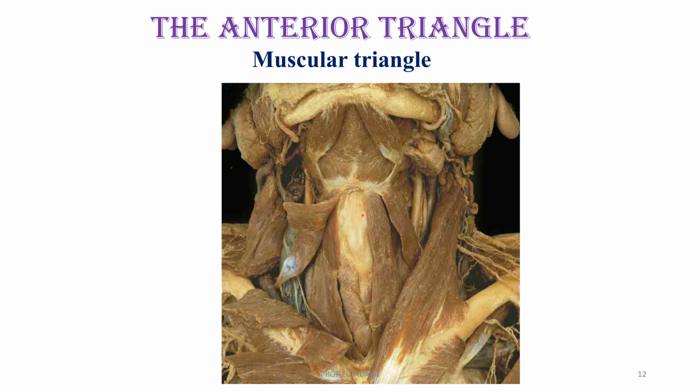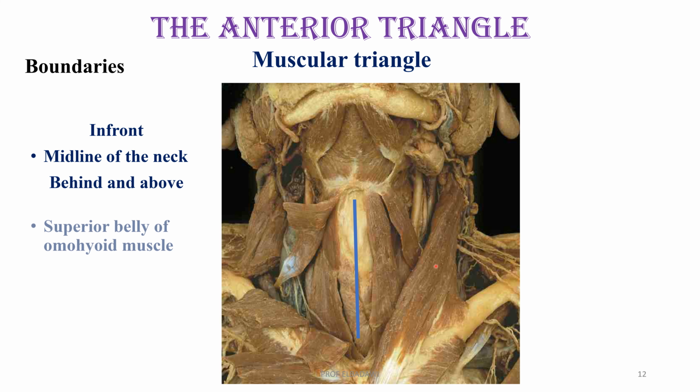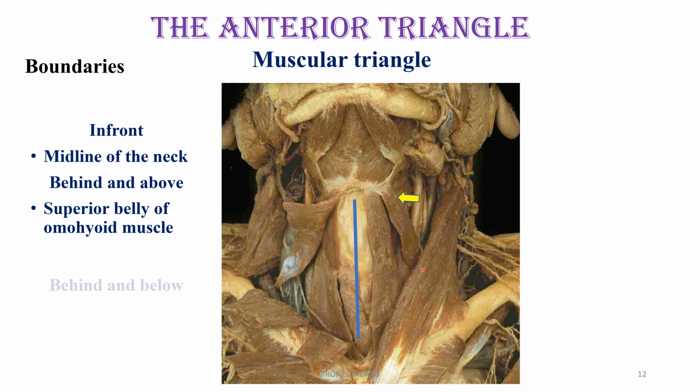The last triangle is the muscular triangle, the one which you can see below the hyoid bone here, bounded in front by the middle line of the neck, one on each side. Behind and above will be the superior belly of omohyoid. And behind and below will be the lower half of the anterior border of the sternocleidomastoid.